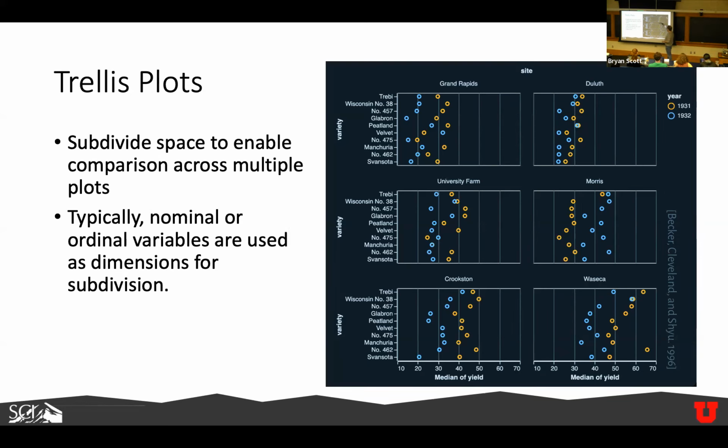And so what we've done is we showed several different charts that can be configured in many different orientations, so that you can compare the different locations. In this case, these are different cities, and you can compare the values across cities by having many of these small multiple plots side by side.